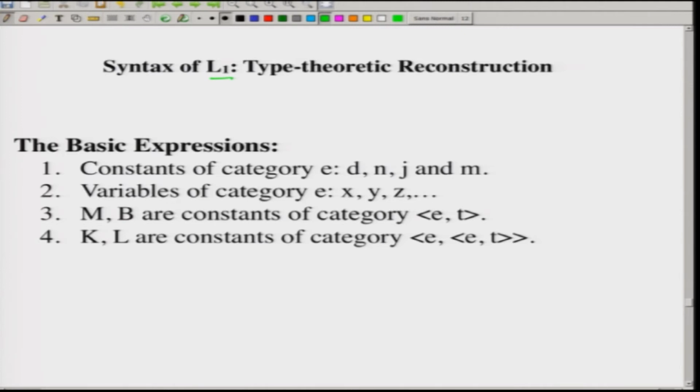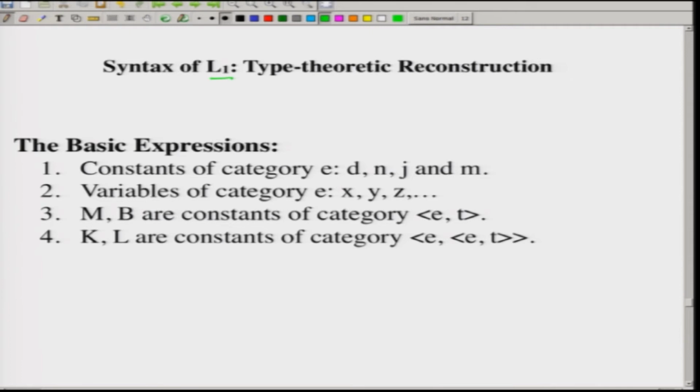We are going to rewrite the whole language through this, or rather within this type theoretic framework. What are the things we have? Constants of the category E, D and J and M, variables of the category E. We know that we have variables only of one category all the time, category E, because we do not have any predicate variable here. So, x, y, z and stuff like that.